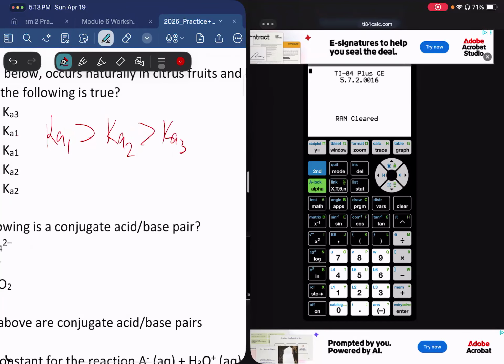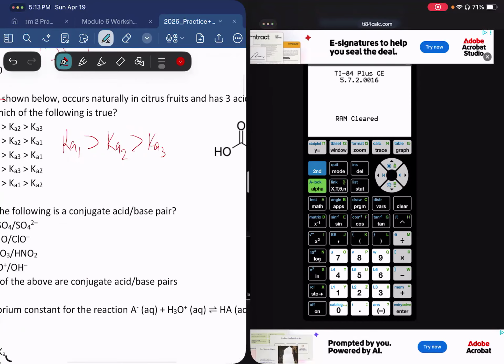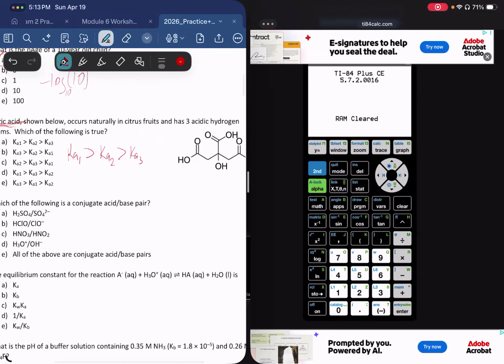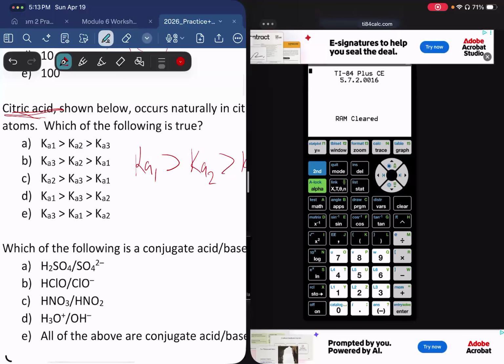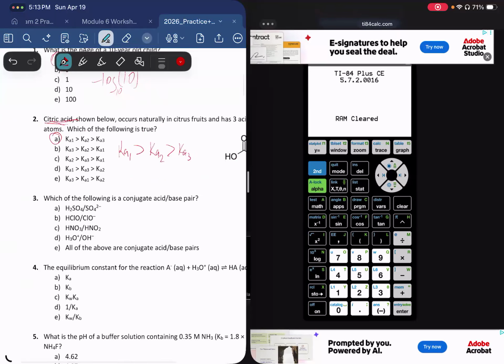This is because as you lose the hydrogens, it's harder to lose the next one. The first one is easiest to lose, so that's why Ka1 is the greatest. So the only answer that goes with that is choice A.